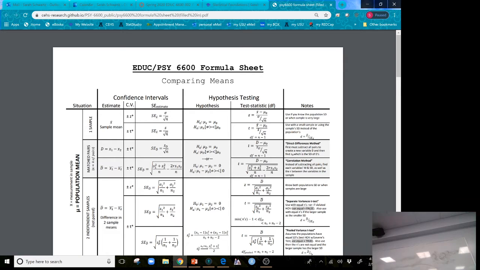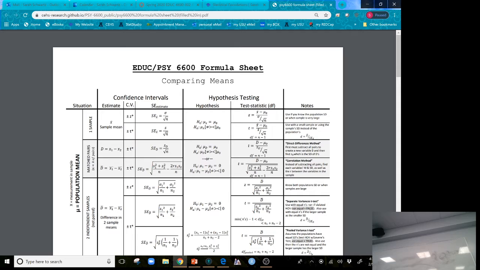And you notice these formulas are almost identical, but in the z-test formula we use sigma. So you use that if you know the population standard deviation, or when the sample is very large. So if you have a very large sample, you can do a z-test, or if you know the population standard deviation. That's pretty rare in social science.